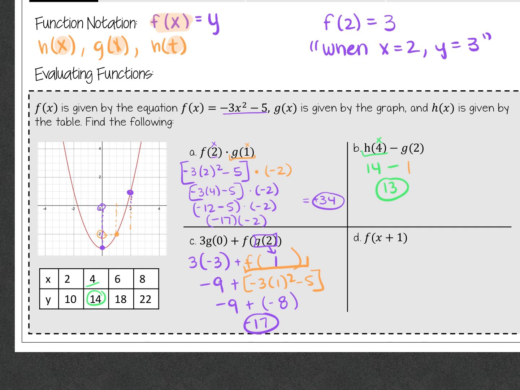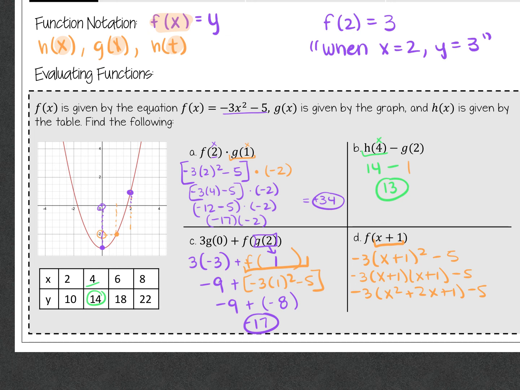Okay? And then our last one, we have f of x plus 1. Now we're just plugging in a binomial for x. So in place of x in negative 3x squared minus 5, I'm putting x plus 1. Then I'm going to simplify all of this. We're going to FOIL out x plus 1 squared, which gives x squared plus 2x plus 1.